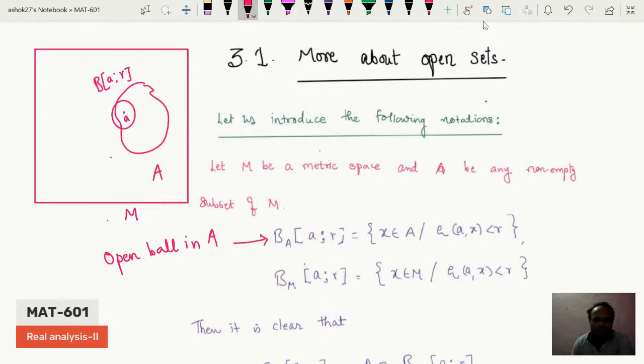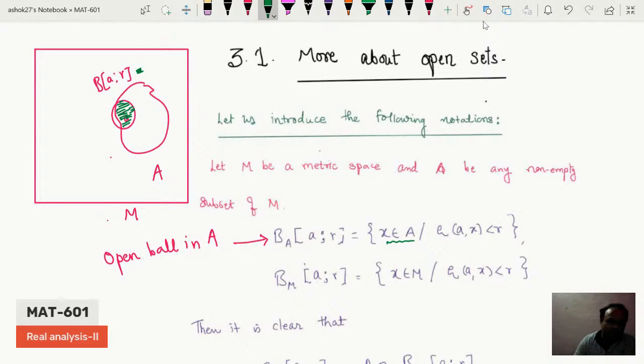Then what is the open ball about a with radius r in set A? It is B_A. It contains only these points, only the part that lies in A. It contains all x belonging to A whose distance from a is strictly less than r.